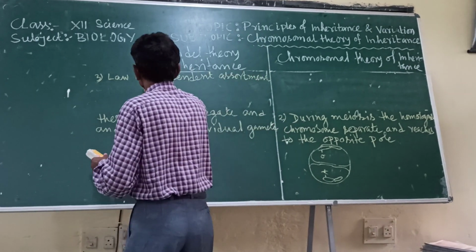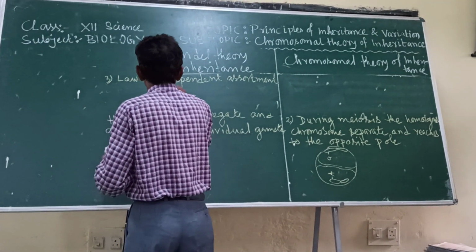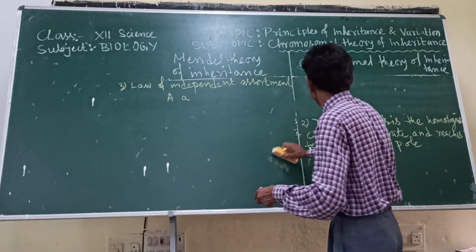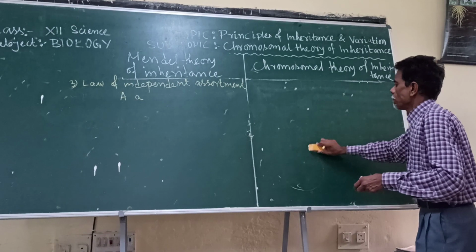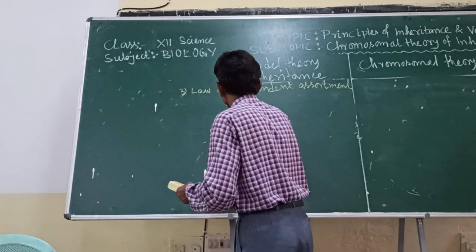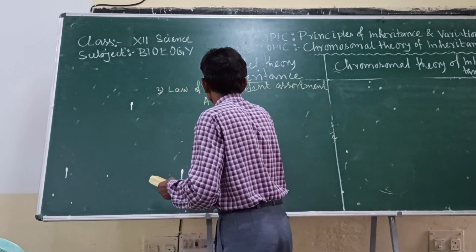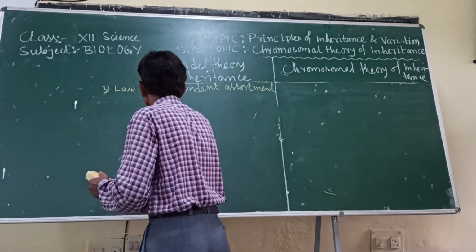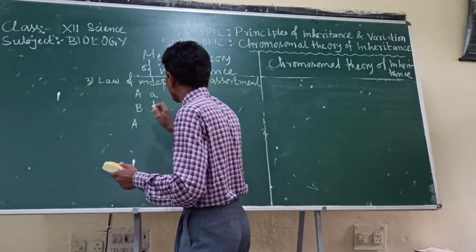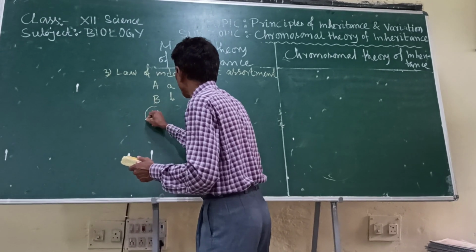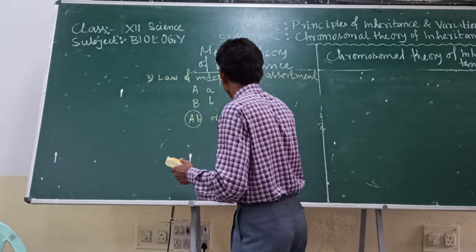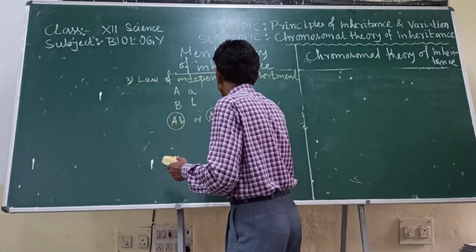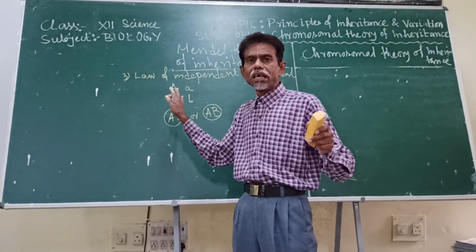Suppose allele A, and another allele B. During gamete formation, allele A may go with small b in one gamete, or A may go with capital B. That is, they are perfectly free.